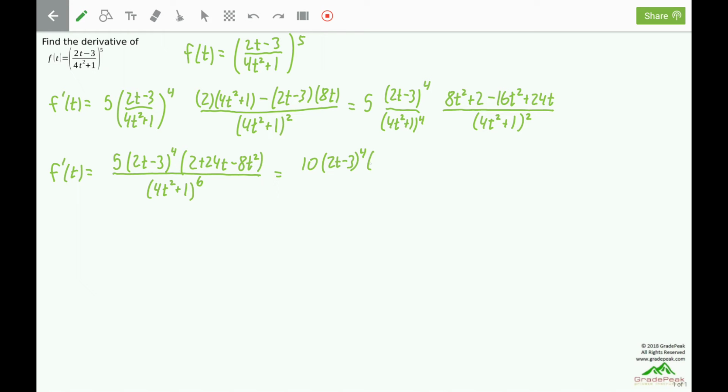So that will leave behind a 1 plus a 12t minus a 4t squared. And all of this is divided by 4t squared plus 1 to the 6th. There's our derivative, f prime of t.